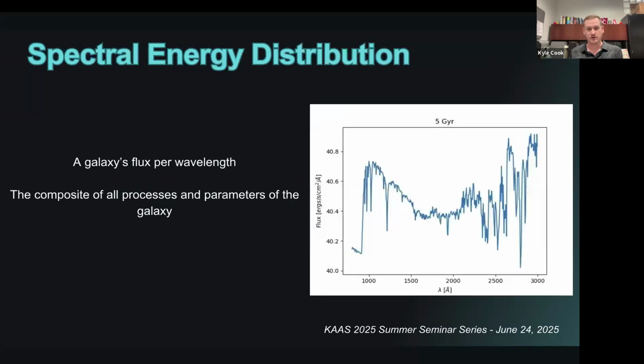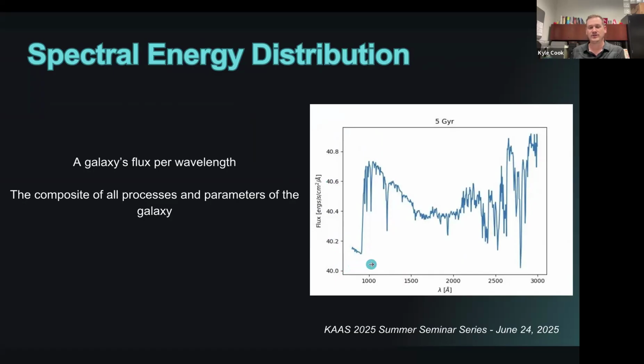The reason I bring all this up, oh, actually, I wanted to go in a little bit more on the spectral energy distribution, where these are, as I said, the galaxy's flux over wavelength. I apologize, this should be the log of the flux right here. This is a logarithmic scale here.